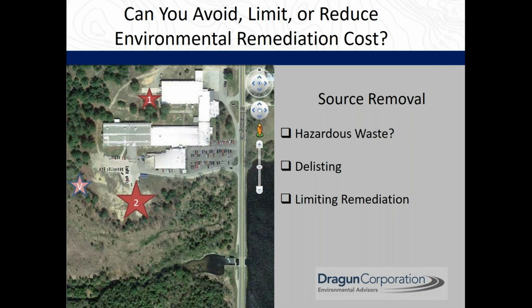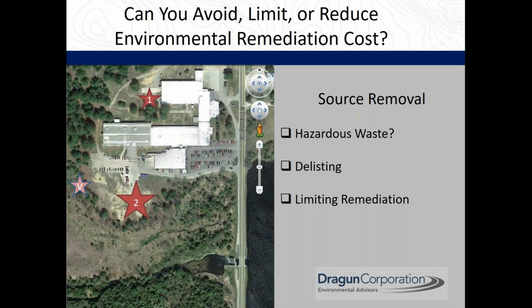And what we were able to do here is show that these wastes did not exhibit the characteristics that made them a listed waste under those designations. And again, in tandem with legal counsel, we were able to delist the waste under a one-time exemption.